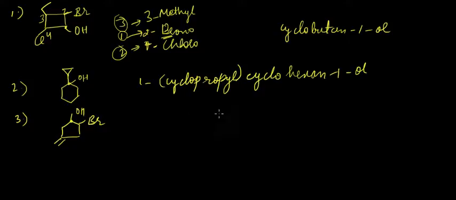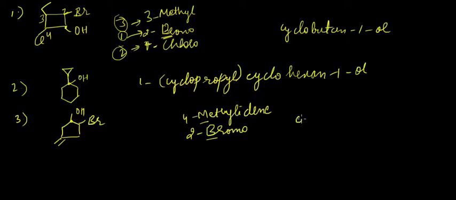As you can see, this is methylidene, I suppose you remember from the last lectures. And this is bromo. As B comes before M, it is given higher preference. So 2-bromo, 4-methylidene, cyclopentan-1-ol.